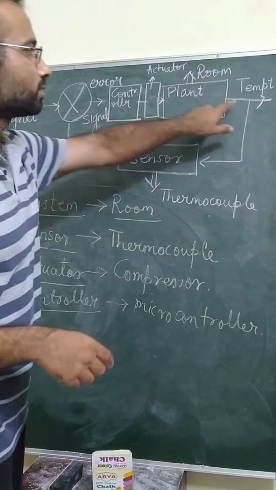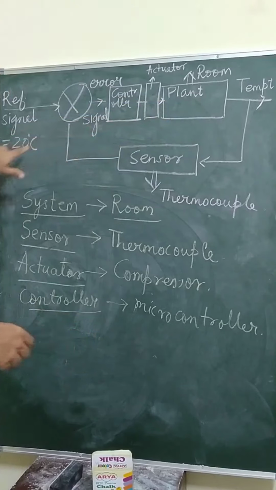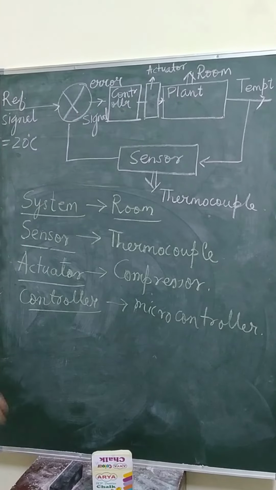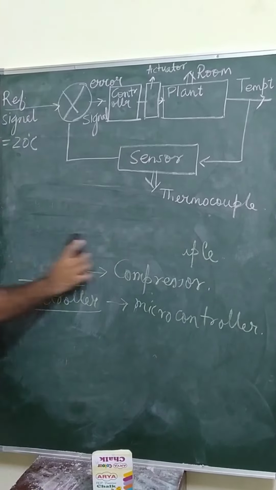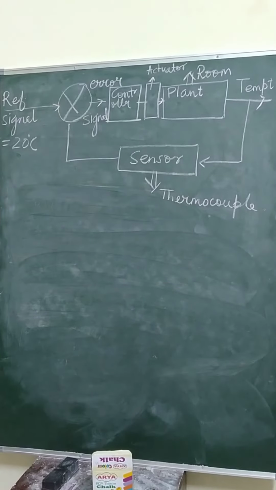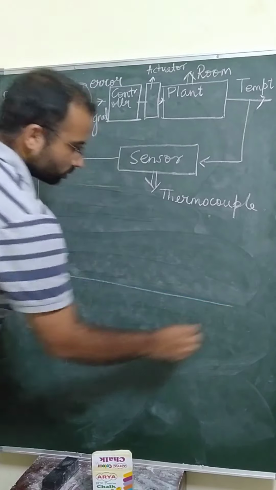And when this goes on, slowly the temperature will reach 20 degrees. And then the actuator will stop. But once again, when the system's temperature increases, again the controller will give a signal to the actuator to switch it on.